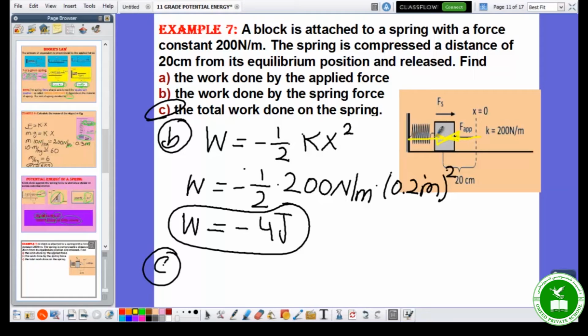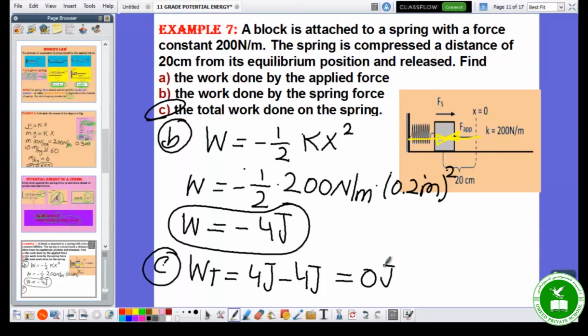It means they are doing work against each other. Then finally the total work done on the spring will be 4 joules minus 4 joules, equal to 0 joules.